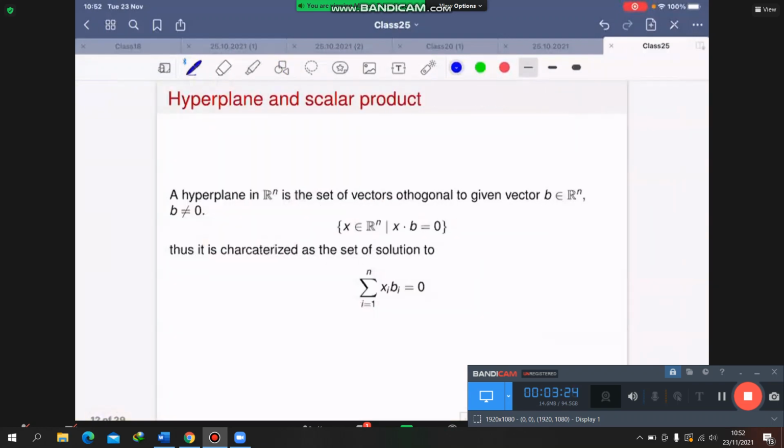But in general, any hyperplane can be written as the set of all vectors orthogonal to a given vector. So it's characterized as the set of solutions of a linear equation.